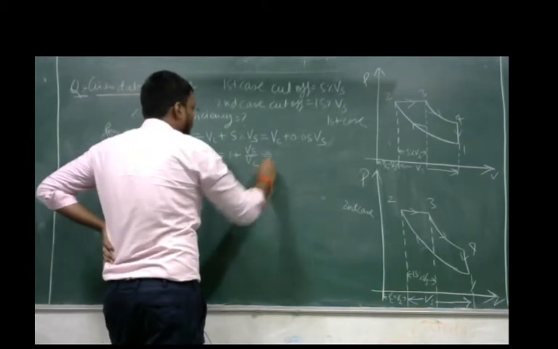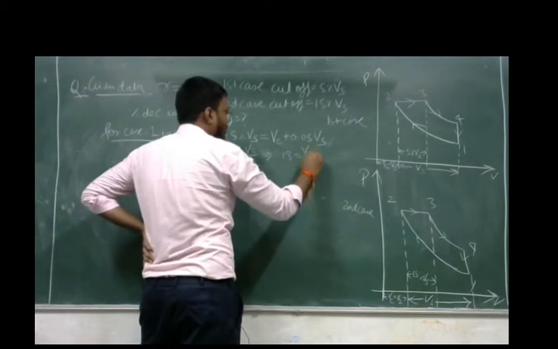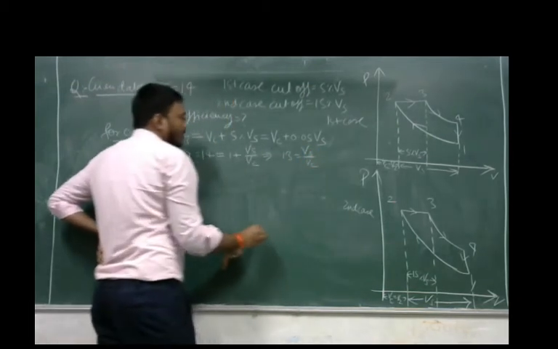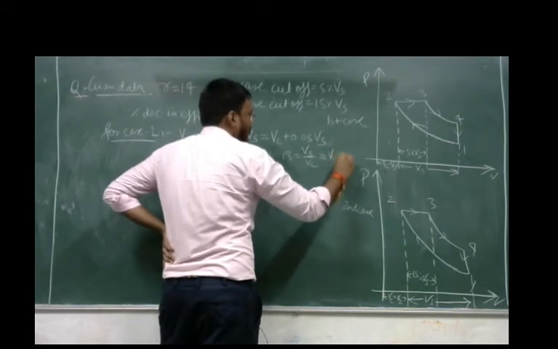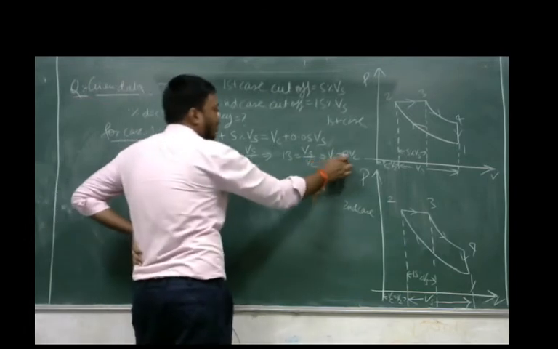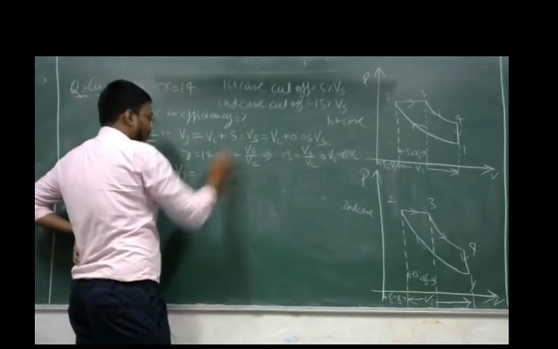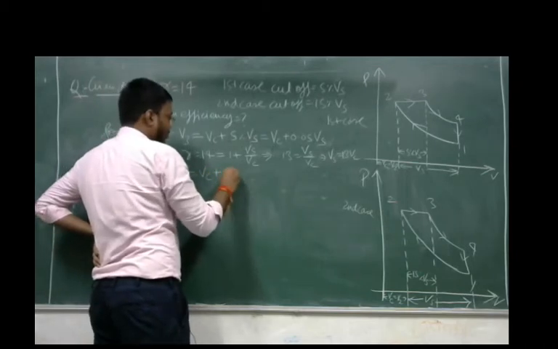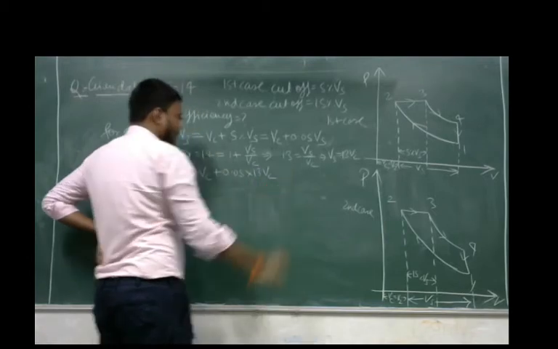So 14 minus 1 is 13, so 13 equals Vs by Vc, or Vs equals 13 Vc. Put this value of Vs equal to 13 Vc in the equation, so V3 equals Vc plus 0.05 into 13 Vc.